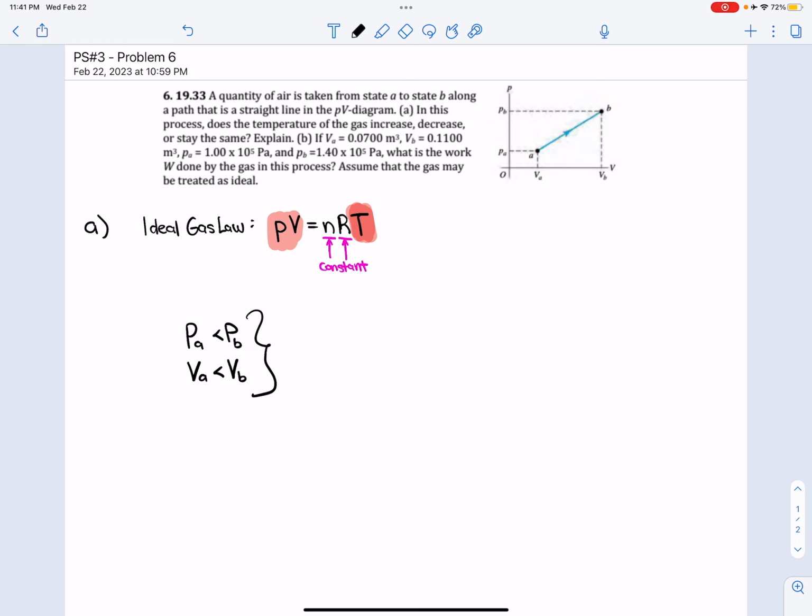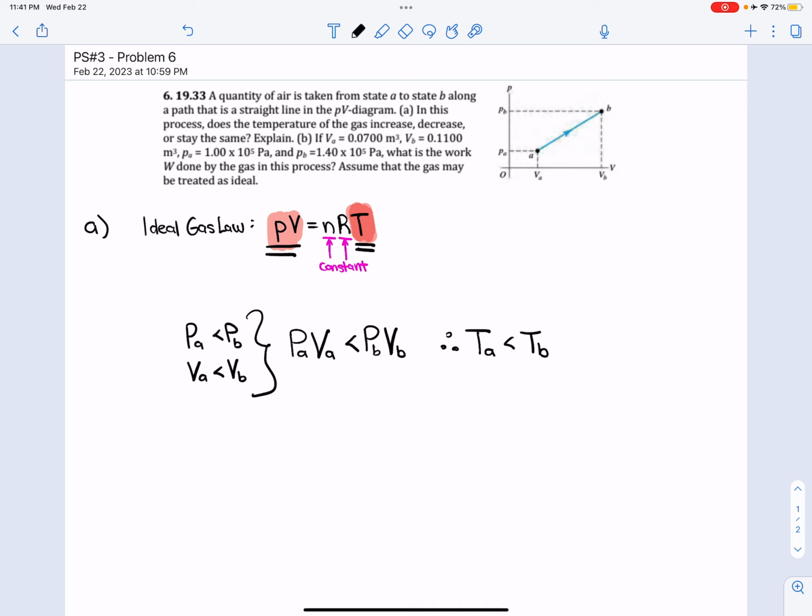We can say that because pressure at state A multiplied by the volume at state A is less than the pressure at state B multiplied by the volume at state B, again, that's here on the left side of the equation, therefore, that will affect the temperature on the right side of the equation. Therefore, the temperature at state A will be less than the temperature at state B.